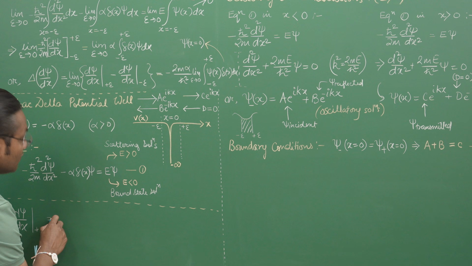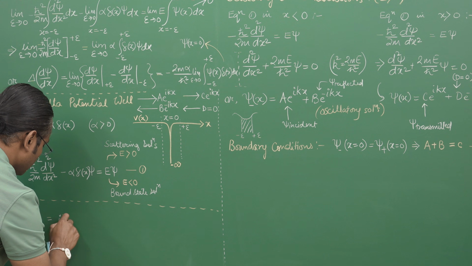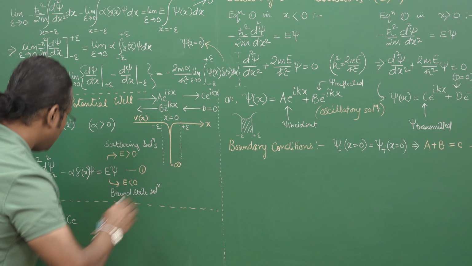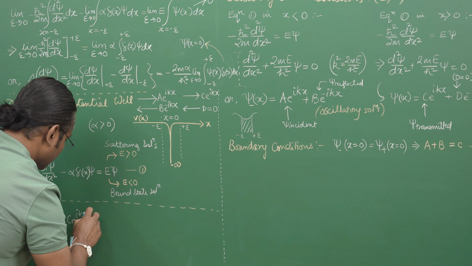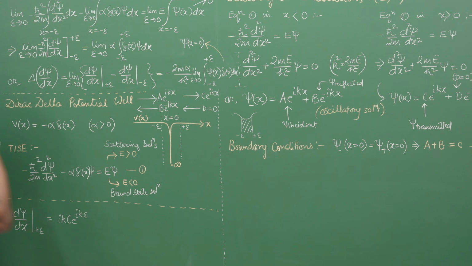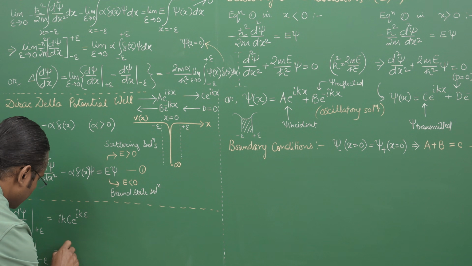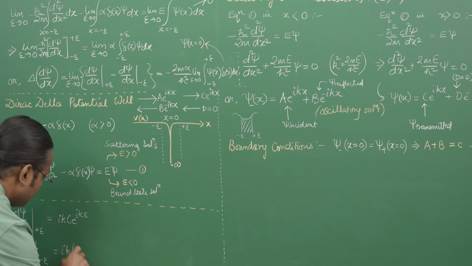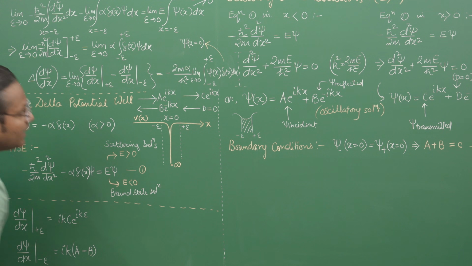So this becomes equal to, what is that? That is iota k c e to the power iota k, but because x is equal to plus epsilon, this becomes plus epsilon. And again we have d psi upon dx at minus epsilon. So x less than 0, for that we have this solution, it becomes iota k, and a minus b.